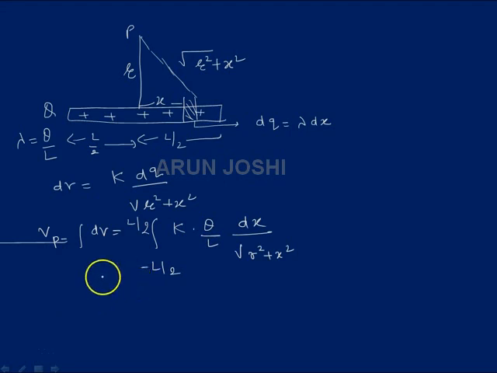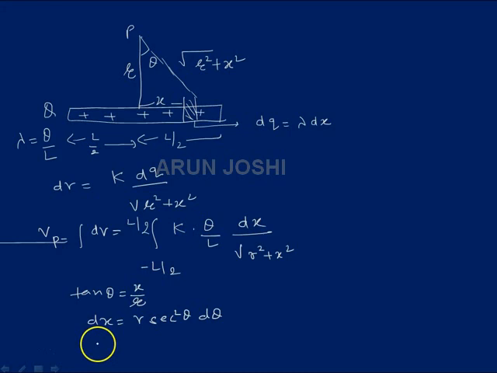Now how will you integrate it? I hope all of you know we always solve such integration by assuming that tan theta equals x by r. We assume it. Then what is dx? r sec square theta d theta.